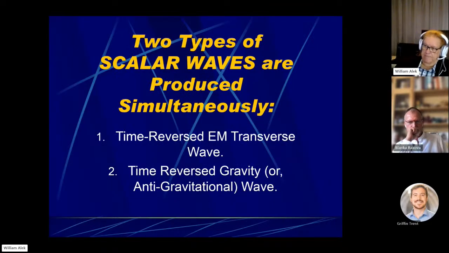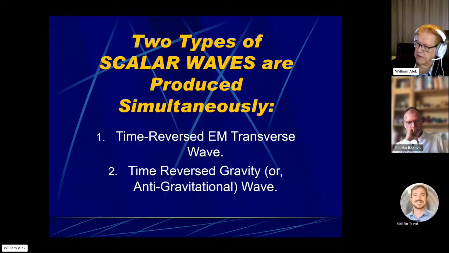The next slide. Two types of scalar waves are produced simultaneously here. What we see on the oscilloscope is a time-reversed EM transverse wave function, and that's what we see in our various technologies here.